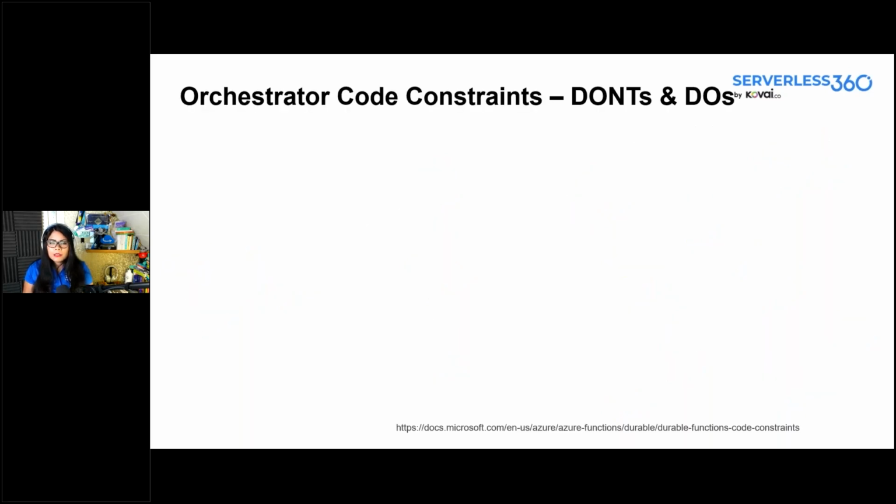And the orchestrator, he's our friend, but he's strict. This is the strict part that I'm talking about in terms of constraints. There's a documented list of code constraints, which means the don'ts and the do's to keep in mind when authoring the orchestration.